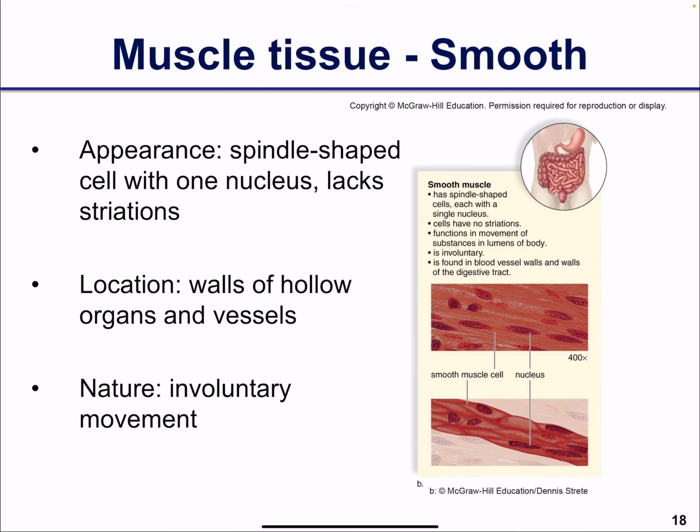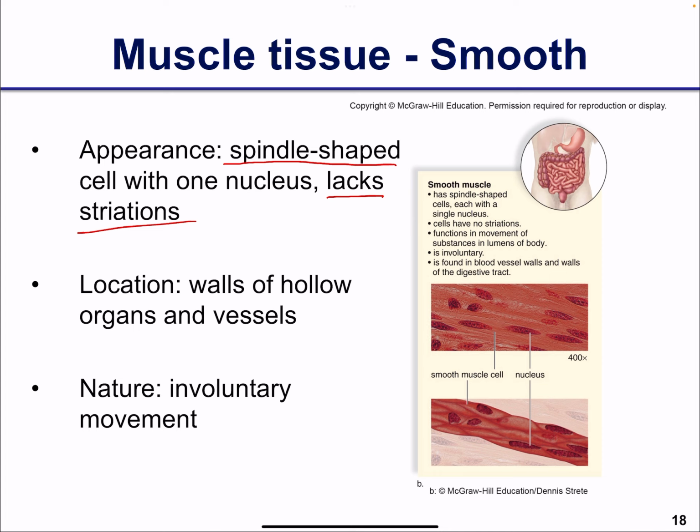Then we're going to have smooth muscles. Smooth muscles are very different from skeletal muscles. They are different in the sense that the cells are spindle shaped cells. They only have one nucleus. And very importantly, they do not have any striations, so they lack striations.